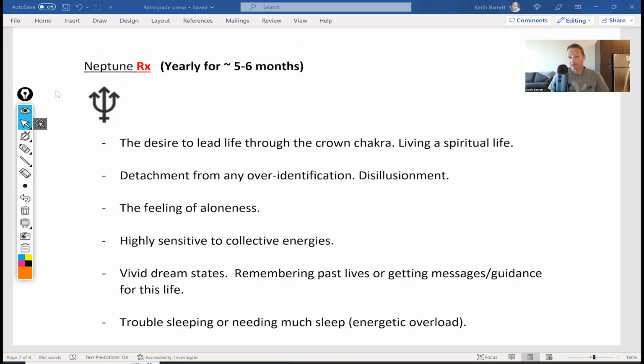The feeling of aloneness, right? Because it's associated with the 12th house, it's associated with Pisces, and so there's this removal, right? It can be part of this Neptune retrograde feeling where you start backing up from things, if you think of Neptune as the higher octave of Venus in Earth, right? So Neptune is universal consciousness. It's unconditional love, right?